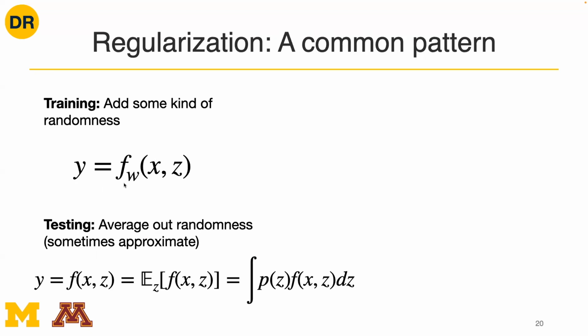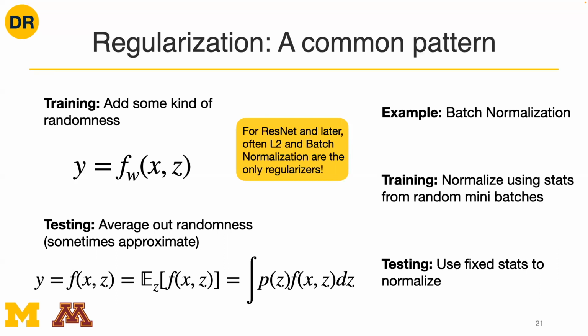We have our normal model, which is some function of the input, but now we're also making that a function of some random noise, z. Then during test time, after we've trained with this stochastic noise added, we try to average out that randomness, to undo it in a way, so that our test time output doesn't vary based on the randomness. It's constant and only depends on the image.